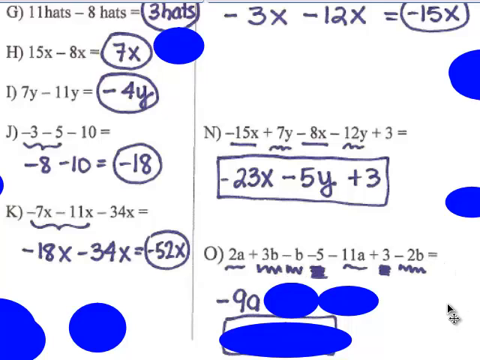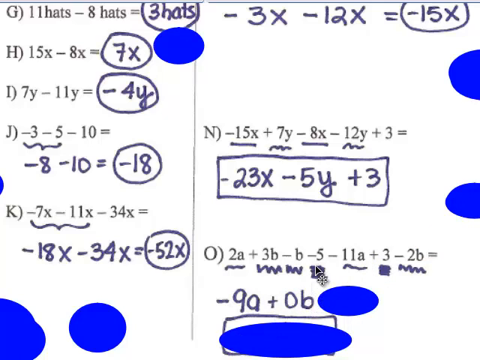I would recommend writing on the side, but in this case I'm just going to work through the process. 3b minus 1b would be positive 2b. Positive 2b minus 2b would be 0. So this would be 0b.